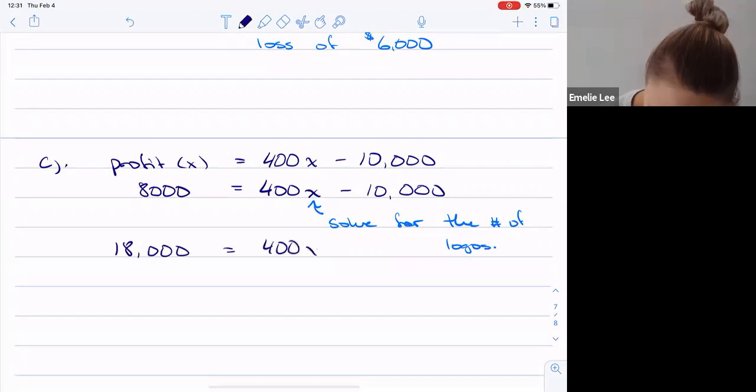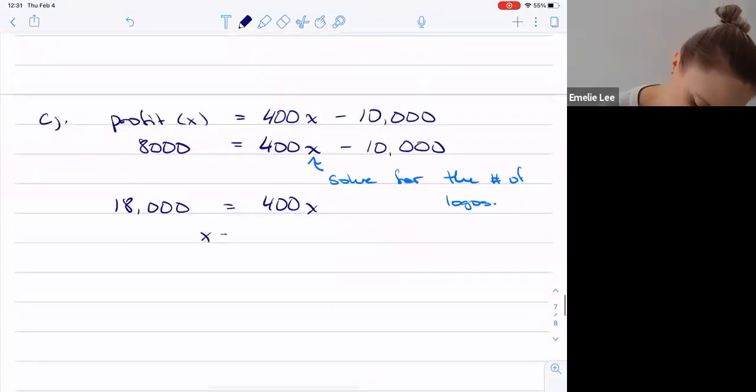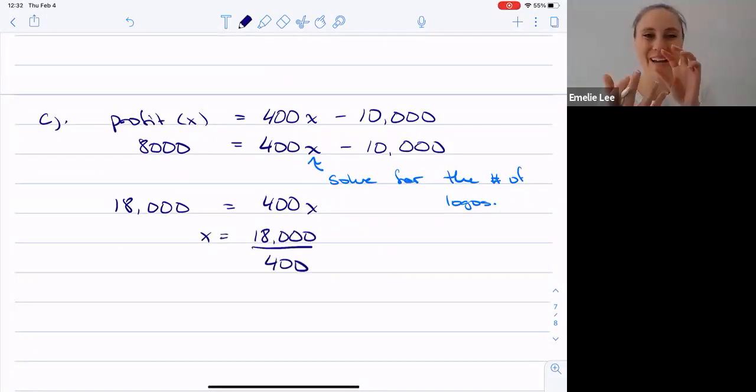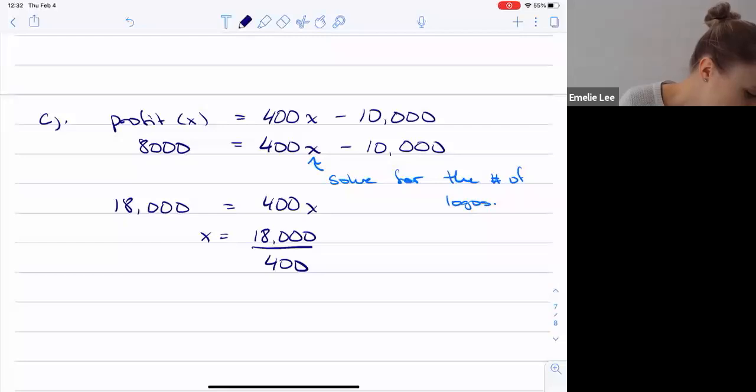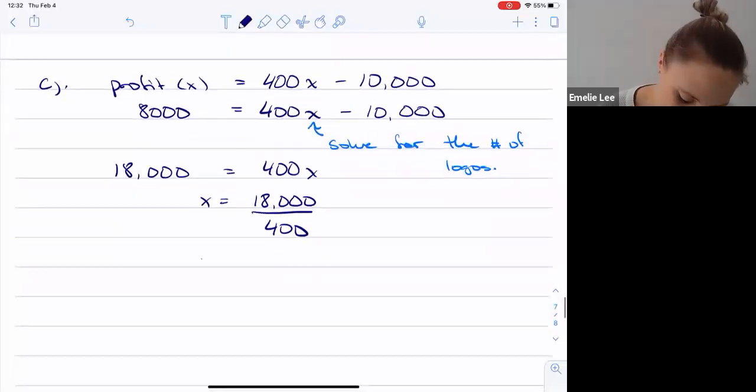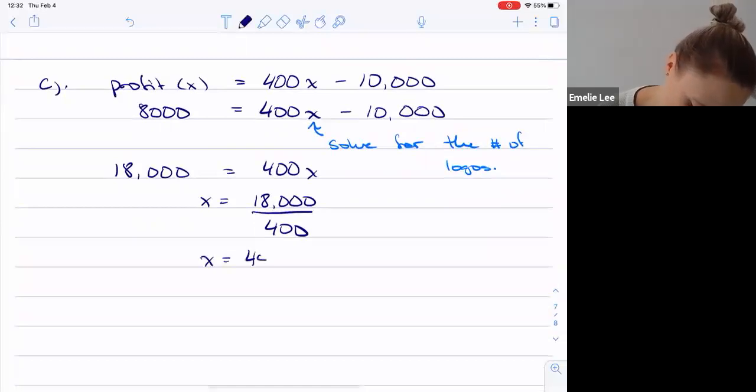Is 400X. So X is going to be 18,000 divided by 400. Remember, I like to do that revolving door and just kind of switch things around. X on the left-hand side, dividing by 400 in the same move. 18,000 divided by 400 is an even 45. That never happens.